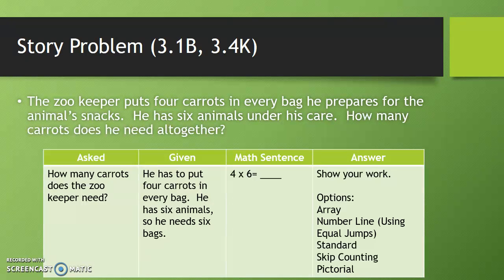Also, you could do a pictorial, and that's where I probably would have written 6 sets of 4 carrots rather than 4 times 6, because if I had counted and drawn out 6 bags and put 4 carrots in each bag, and done a pictorial and found out that that's how I got 24, that would probably have been a better math sentence. But I can't write on this slide, so you can do it on your paper. And our answer would be 24. He needs 24 carrots altogether.